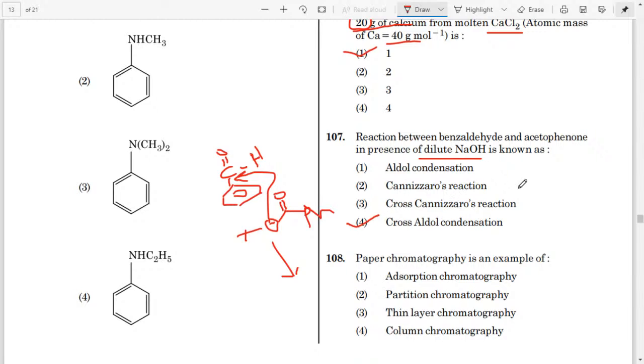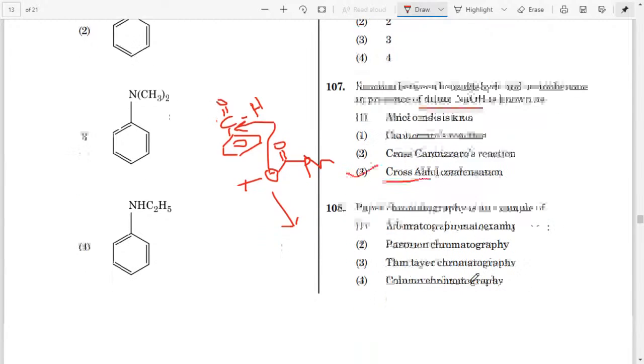And Cannizzaro reaction, what is the reagent? You will use concentrated NaOH. Since we are using dilute NaOH, it is going to be aldol reaction. That too, it is crossed because the compound is benzaldehyde and this side is acetophenone, aldehyde and ketone. So the option number 4 is correct option, students.